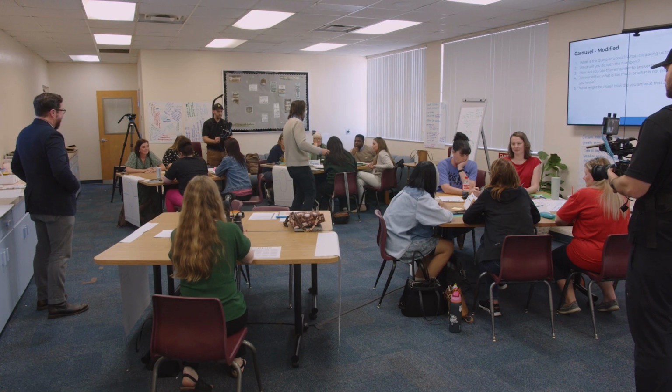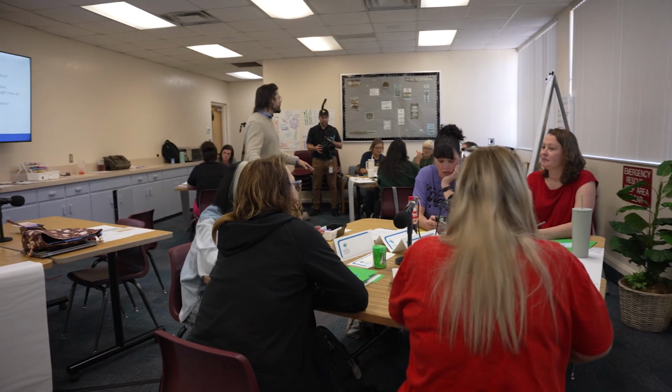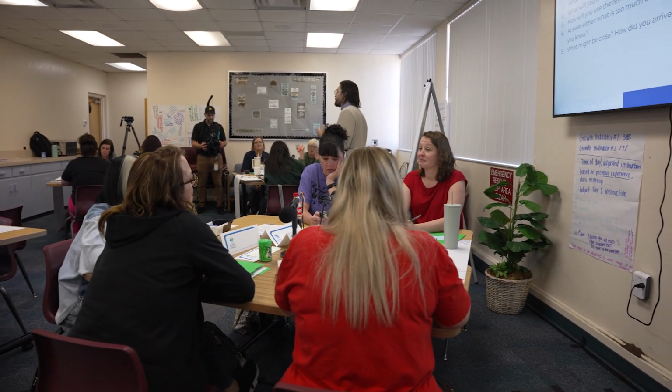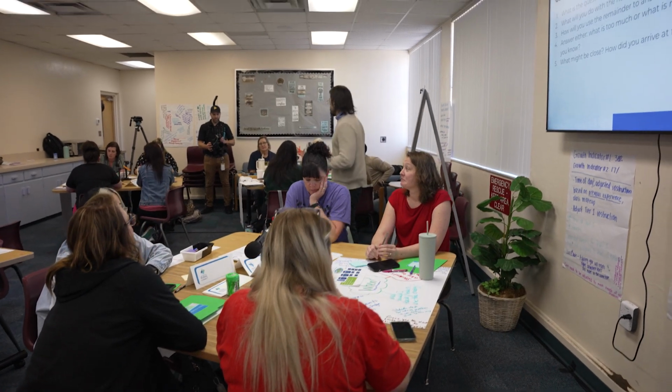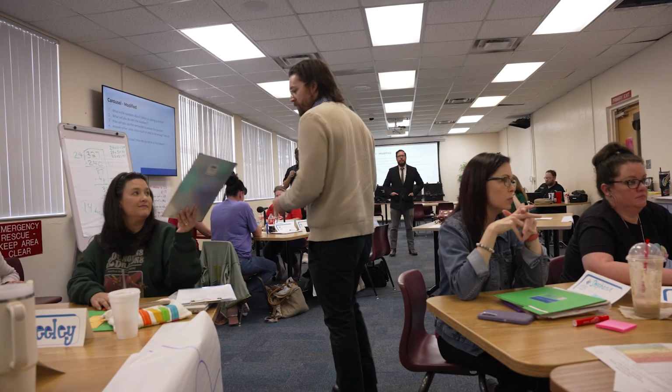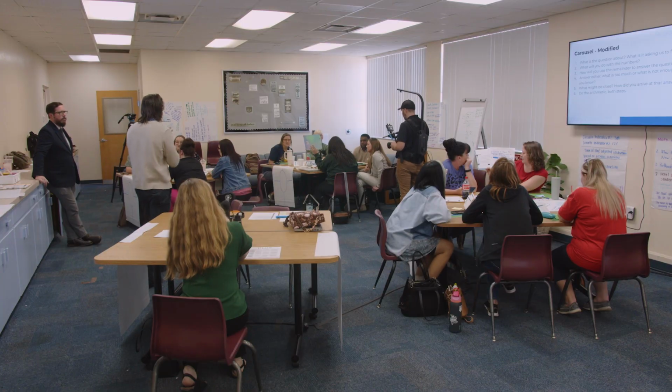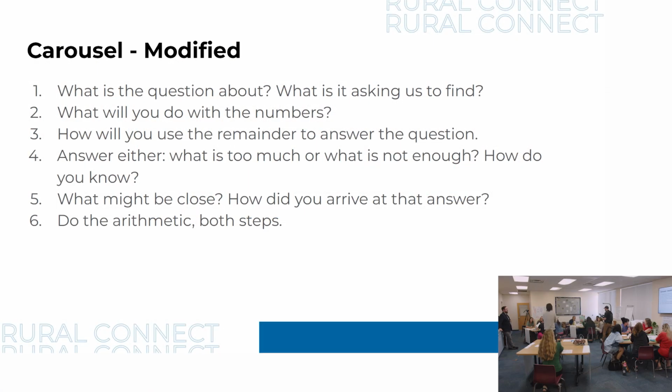All right, let's rotate. I know you've seen the problems I'm rotating you towards now, but there's a lot of new information. There's a couple estimates on there. So I want to give you all a second to check those estimates out before I give you the next step. What I want you to do now is do the arithmetic, both steps. They all had a couple of steps.